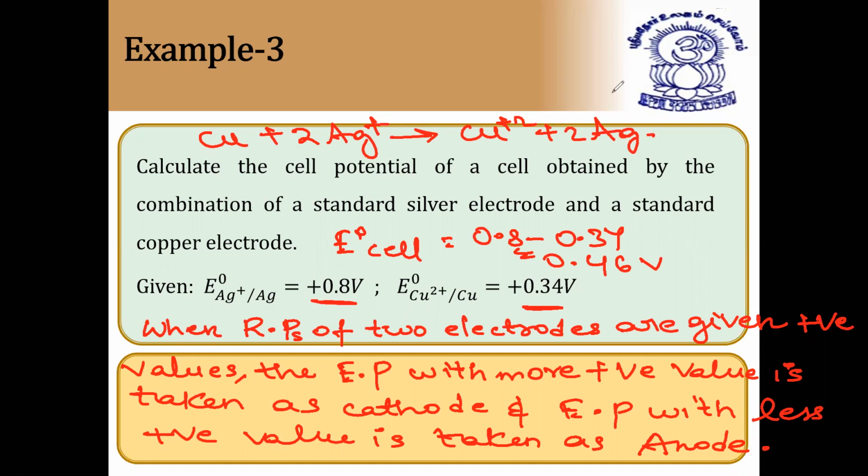But here they have not given any cell reaction. Simply they have given the reduction potential of silver and the reduction potential of copper, and they are asking us to find the cell potential obtained by the combination of these two cells. So that's why we have to do it like this. When reduction potentials of two electrodes are given as positive values, the one with more positive value is taken as cathode, and the one with less positive value is taken as anode.